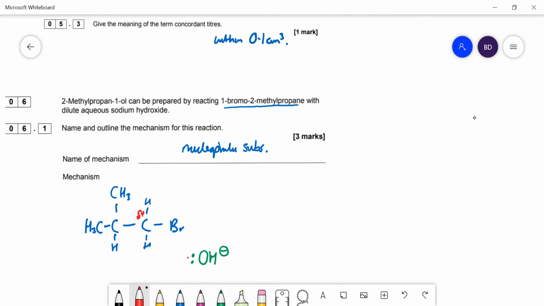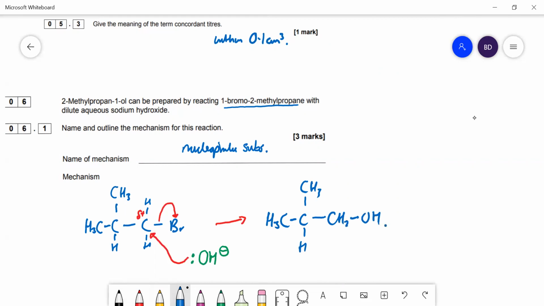The lone pair forms a bond to that carbon, and then the pair of electrons in this bond go onto the bromine. And we'll draw the product there. We're going to get CH2OH. That's the mechanism.